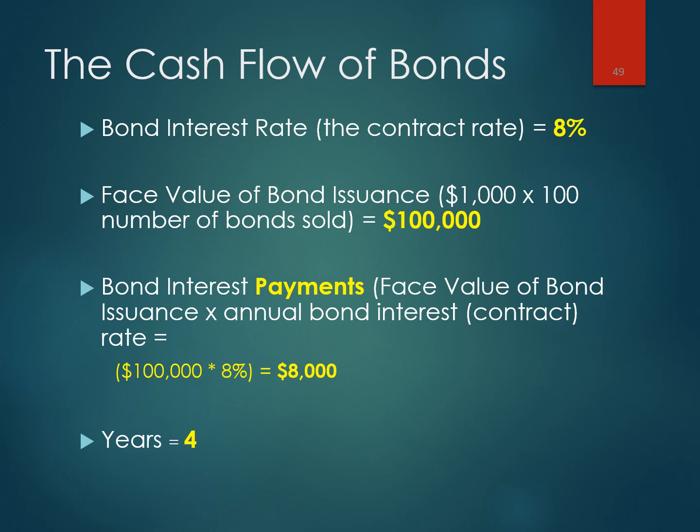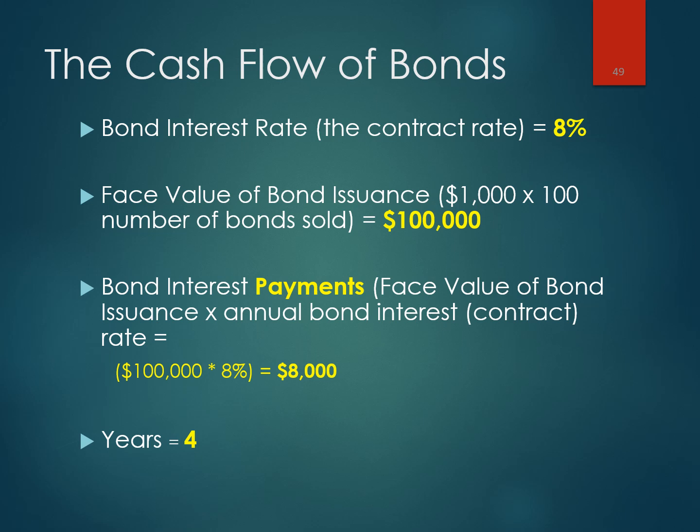In that exercise, we had the bond table and we said the bond interest rate is 8%. The face value of the bonds is $100,000. The bond interest payments every year are going to be 8% times face value, or $8,000. And the bond issuance we've been working with is for 4 years.